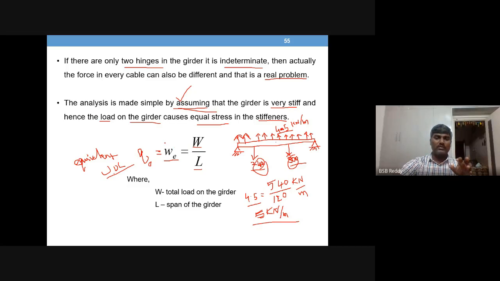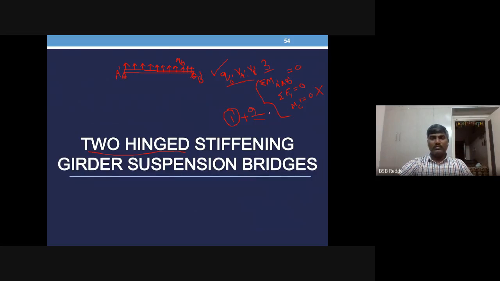Once you solve this equivalent UDL, the remaining equations are available. Q naught has now become W suffix E, calculated just by total load on the girder divided by span. Remaining, you have two equations and two unknowns, so VA dash and VB dash can be easily solved with these two equilibrium equations.